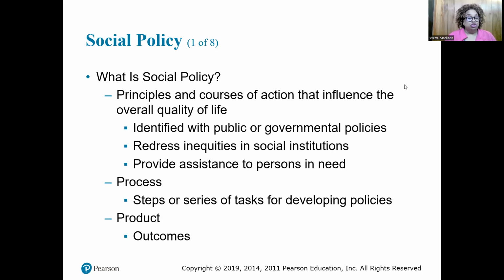And when we talk about social inequalities, we're not looking at just inequalities based on a cultural perspective, but looking at social institutions. And I need you to be mindful of this, good people. When we're talking about social institutions, I need you to think about what you're thinking about when we're considering social institutions. And we're going to get into that a little bit more in chapter 10 when we begin to break down some of the legislation, and how that impacts specific target populations.